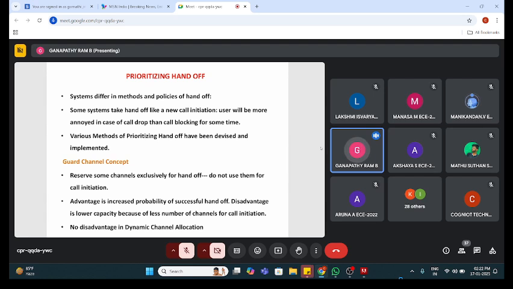The prioritization of handoff. Generally, the handoff is not only initiated when the mobile equipment is moving from one cell region to another cell region, but also whenever the power level drops, the mobile equipment will search for a new base station which has the strongest signal.